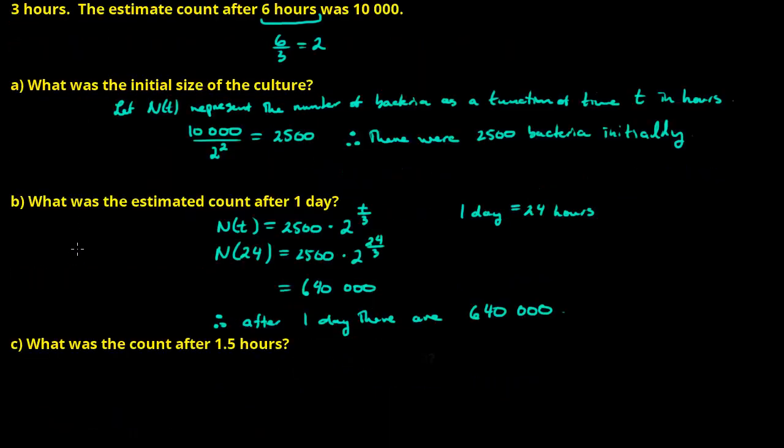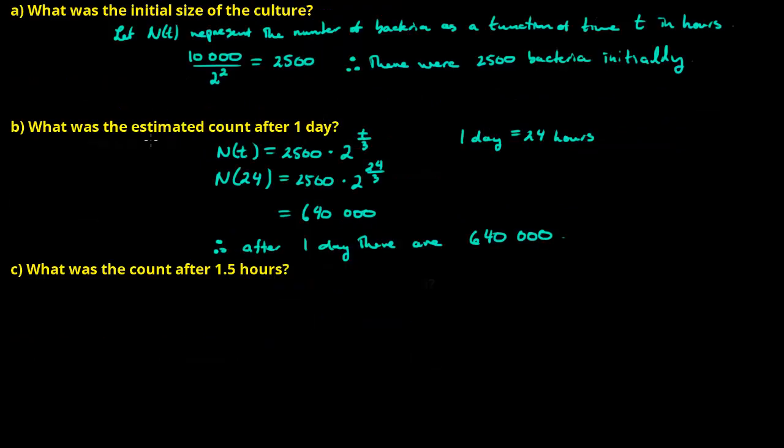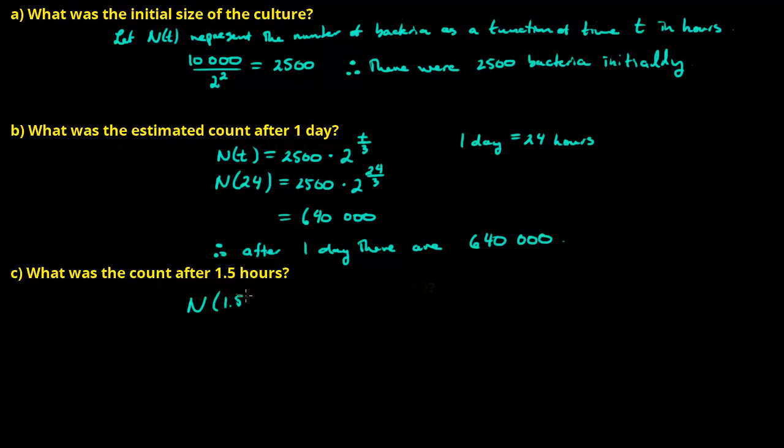Here it says, what was the count after 1.5 hours? So here we're going to evaluate n of 1.5. This is equal to 2,500 times 2 to the power of 1.5 over 3, which is 2,500 times 2 to the power of 1/2. But 2 to the power of a half is just root 2. So I would have 2,500 times root 2 bacteria.